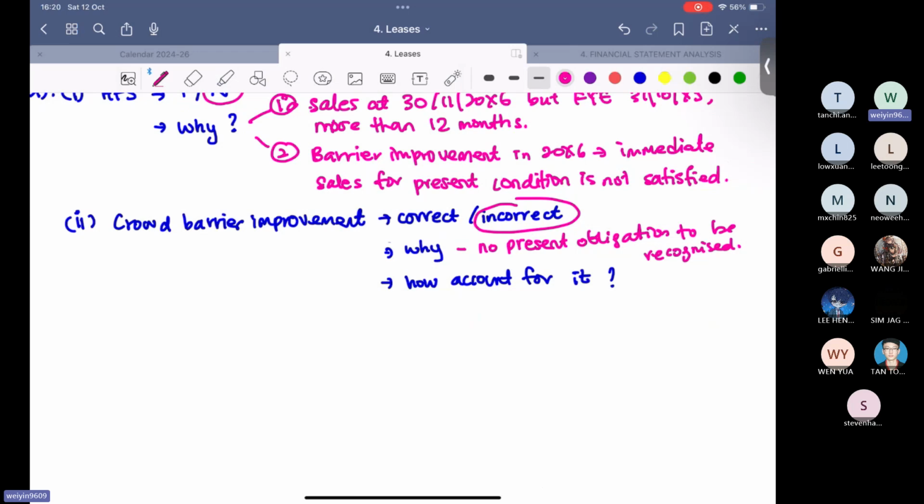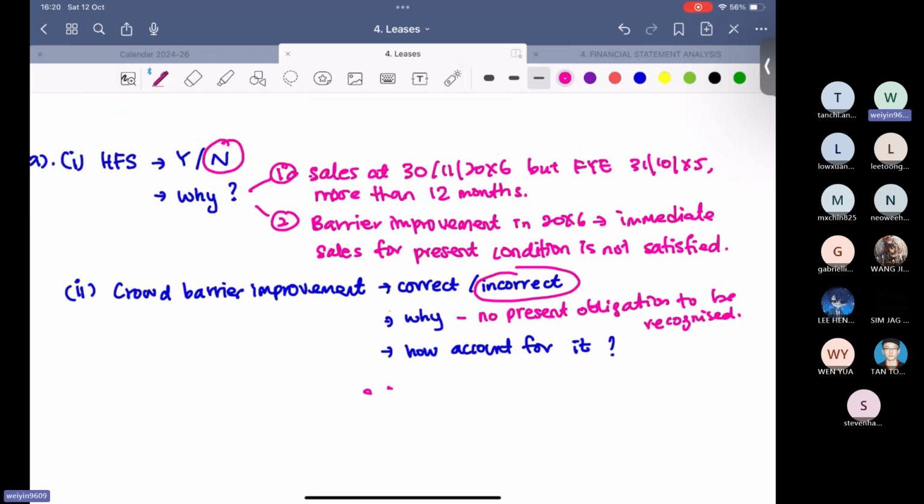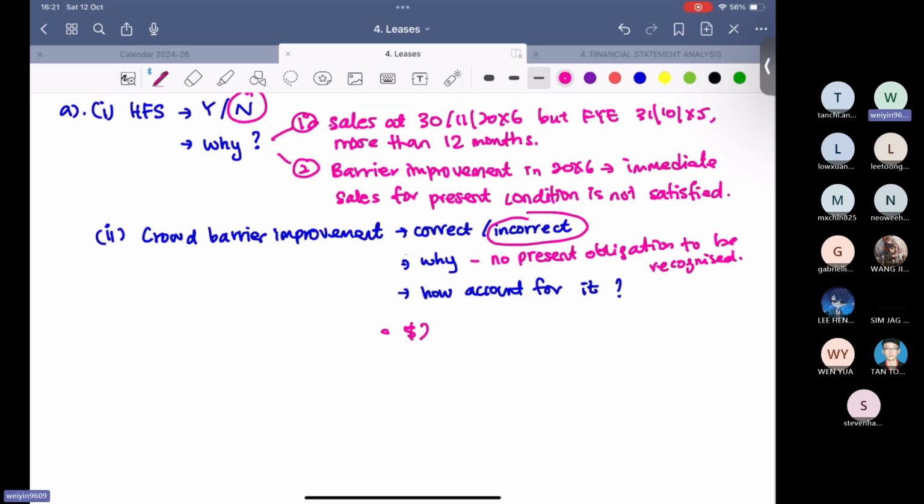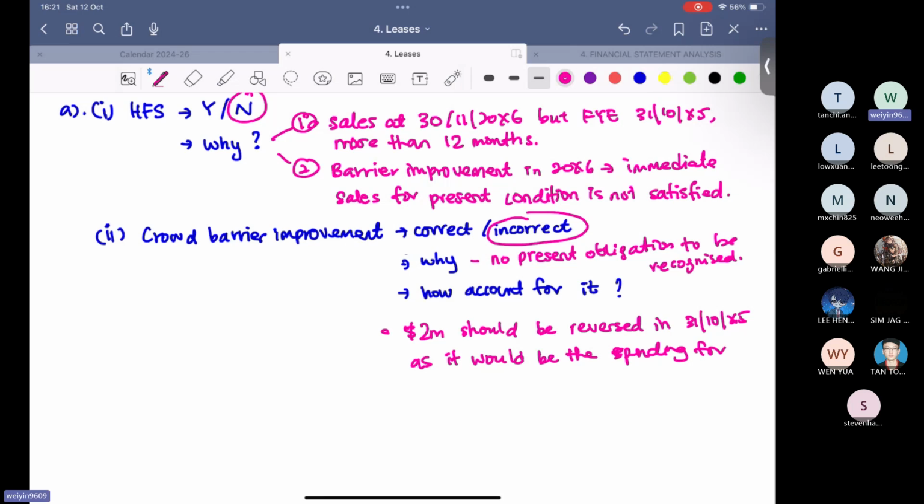Account for it. Number one, the 2 million should be reversed in 31st October X5, as it would be the expense or spending for 20X6. That means it has not happened yet.